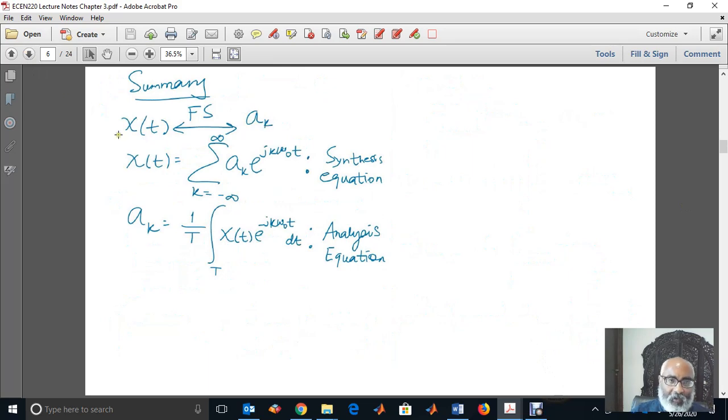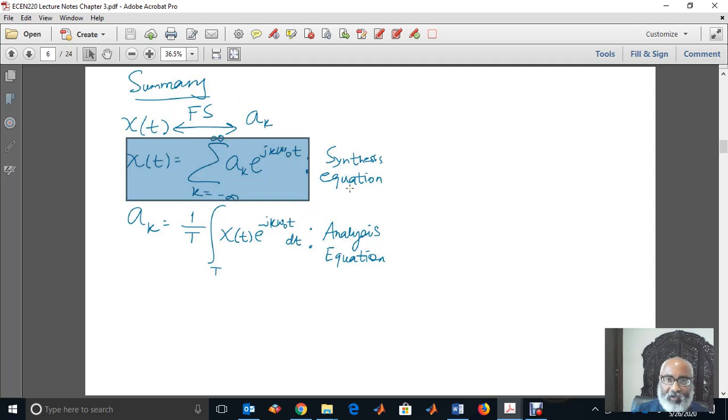So let's summarize the Fourier series representation. Any continuous time periodic signal can be represented by Fourier series. x of t can be decomposed into frequency components and can be written as a summation from k equals minus infinity to infinity of a_k e raised to jk omega naught t, where omega naught is 2 pi over the fundamental period.